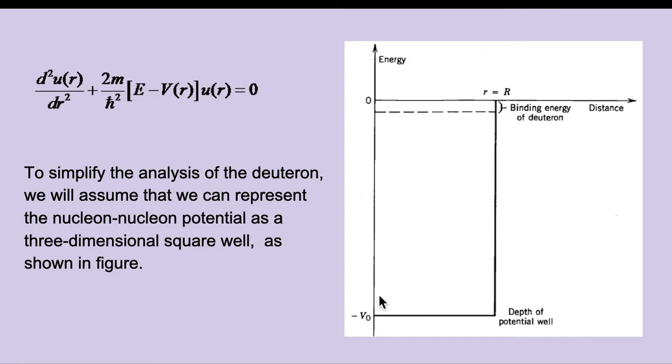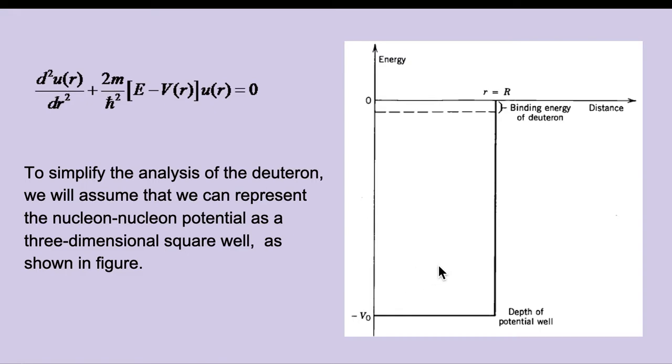So this R is varying from 0 to a maximum value, and you can see that a square well potential means up to a distance it has a constant value, then it suddenly becomes 0, and after that value it is again 0.